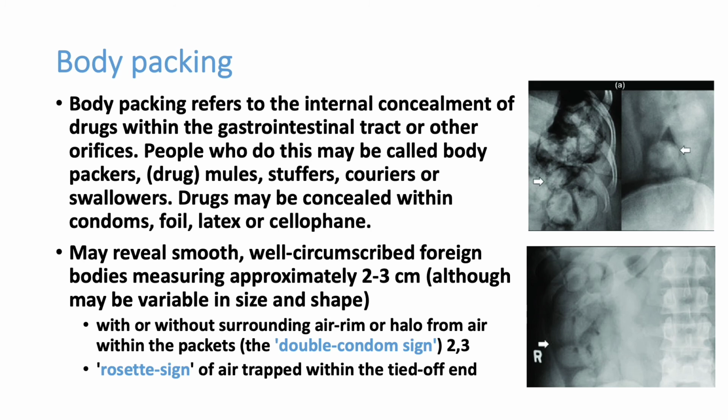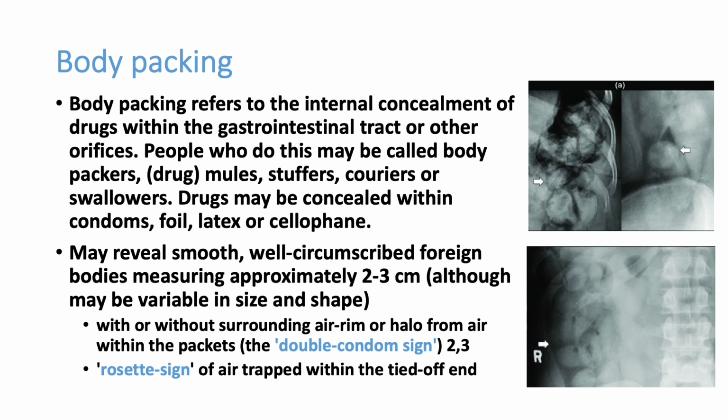So there are two important signs, double condom sign and Rosette sign. Double condom sign is surrounding air rim or halo from air within the packets. Rosette sign is air trapped within the tied end.